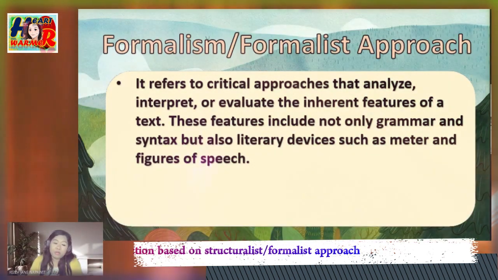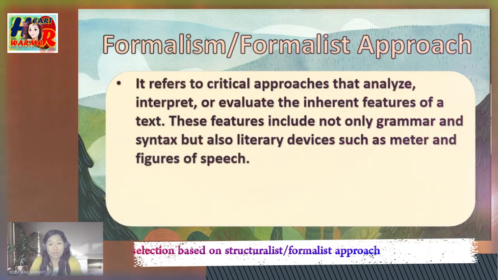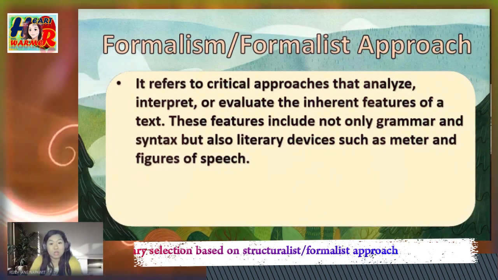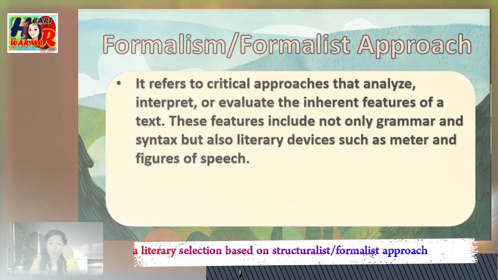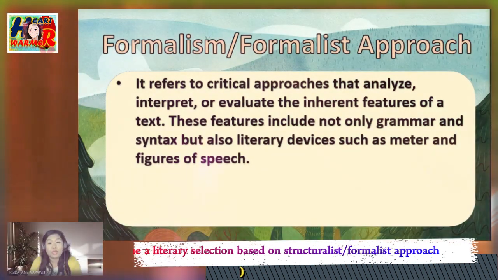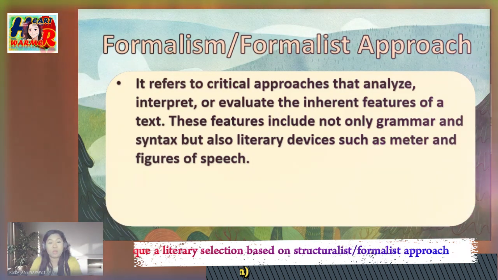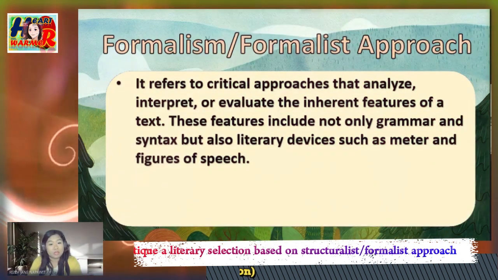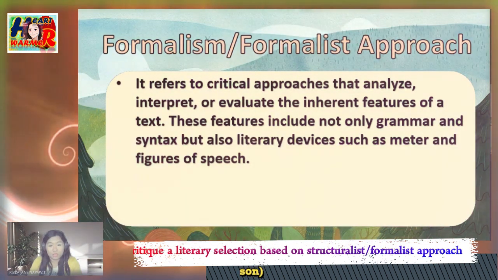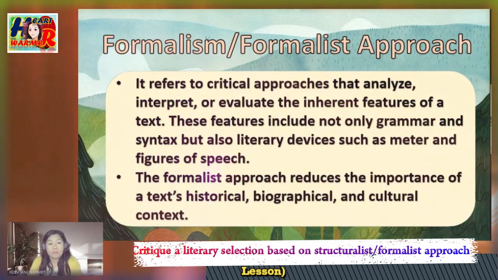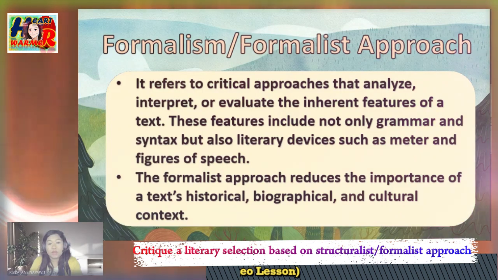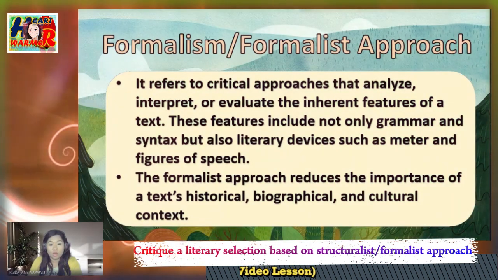So we look at the features, the structure, the pattern, the format. These features include not only grammar and syntax, but also literary devices such as meter and figures of speech. The formalist approach reduces the importance of a text's historical, biographical, and cultural context.